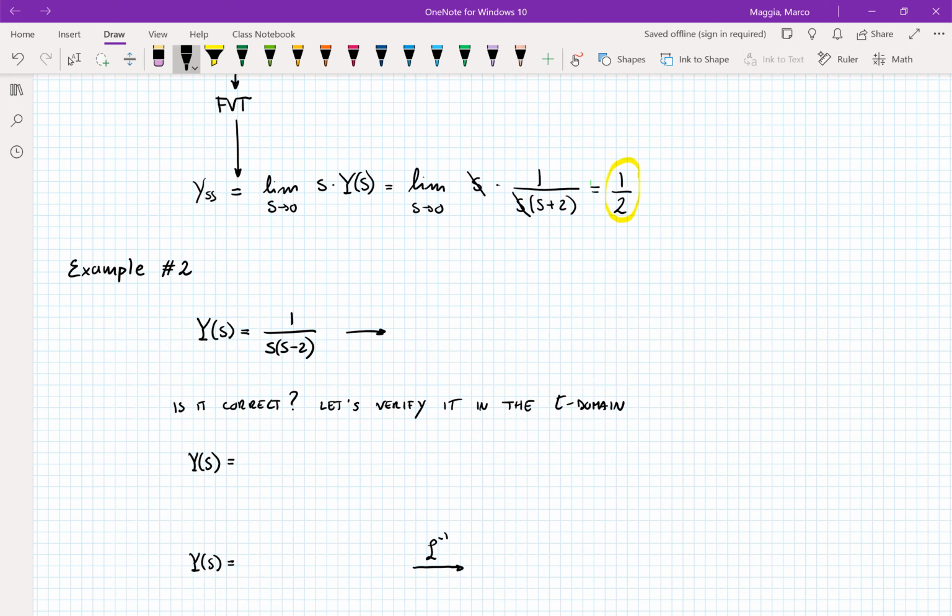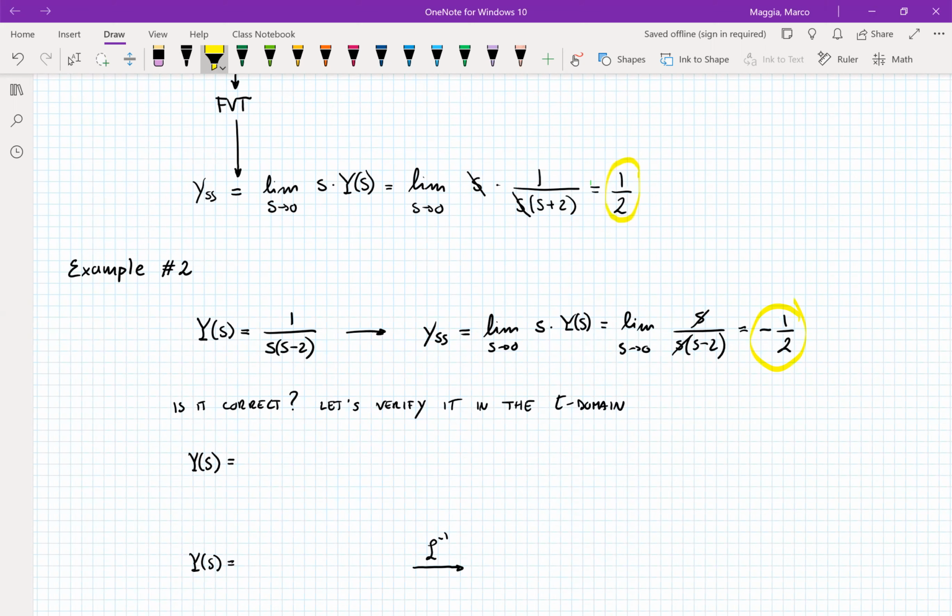If we want to find the steady state value, just applying the final value theorem, we would do s times y of s. And so s cancels out, s tends to 0, and so apparently we are left with minus 1/2.